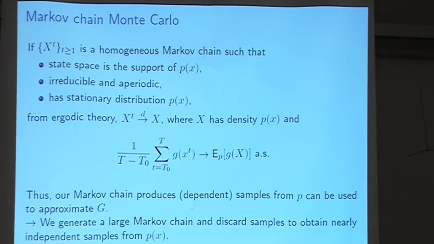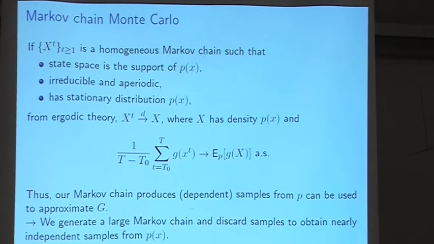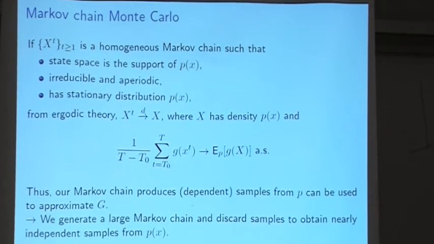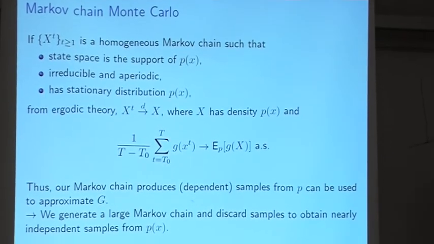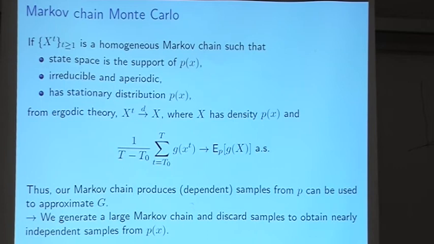Okay, so why is that relevant? It's because if I have that x of t is a homogeneous Markov chain, and the state space is the support of our target distribution p of x, this Markov chain is irreducible and aperiodic.